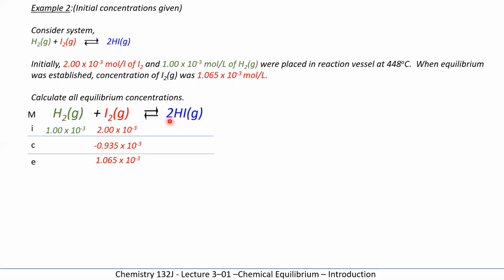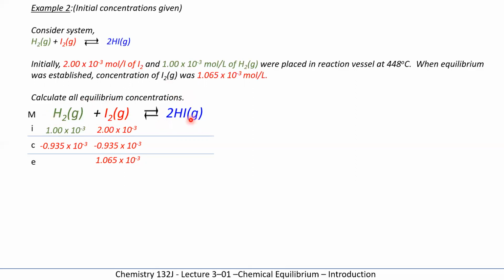Also note that you're going to make twice as much hydrogen iodide as the quantity of iodine that was consumed and the quantity of hydrogen that was consumed. Now, if iodine went down by 0.935 times 10 to the minus 3 moles per liter, then hydrogen had to go down by the same amount because it's a 1-to-1 reaction.